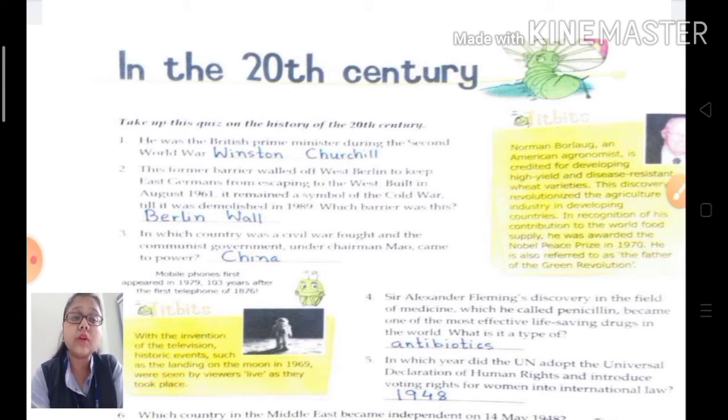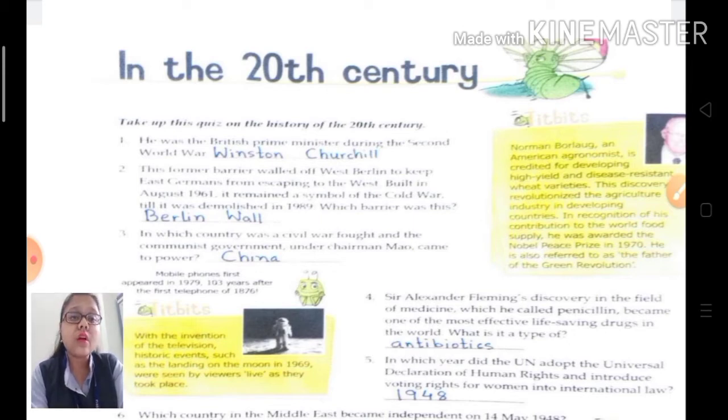In the Allies group there were France, Great Britain, the US, the Soviet Union, and China also. In the Axis group there were Germany, Italy, and Japan. So these were the two main groups of the Second World War, which happened in 1939 to 1945.